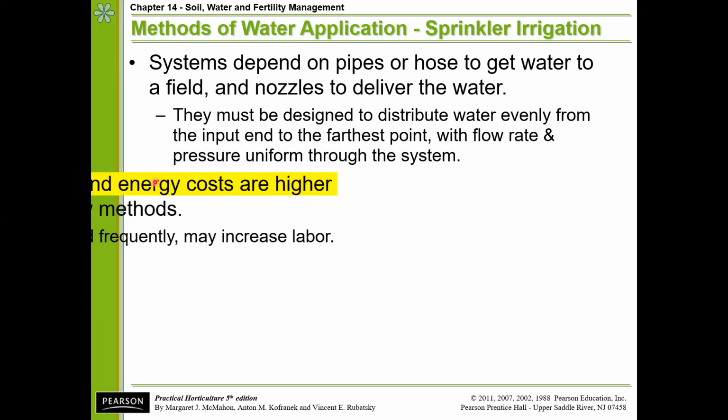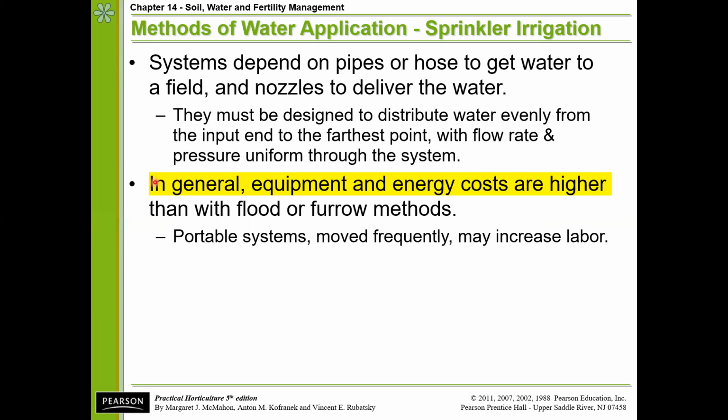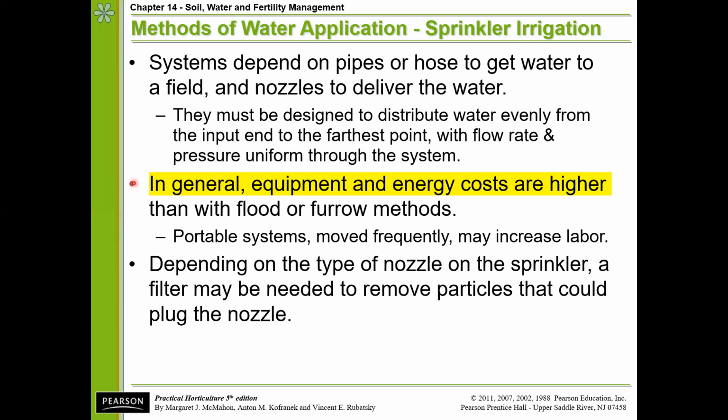Whenever we talk about any kind of sprinkler irrigation, we also have to look at what the water quality is, what the source of it is, how we're getting it to the crops, and the equipment that is associated with that. So equipment and energy costs are usually higher with any kind of overhead or sprinkler irrigation.